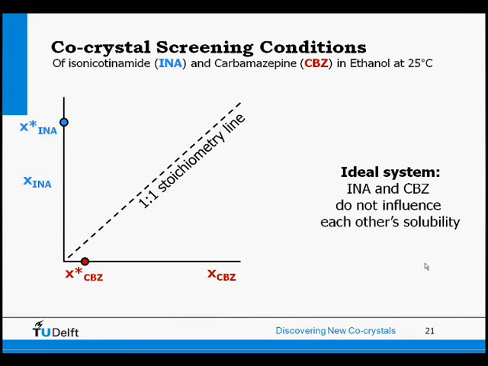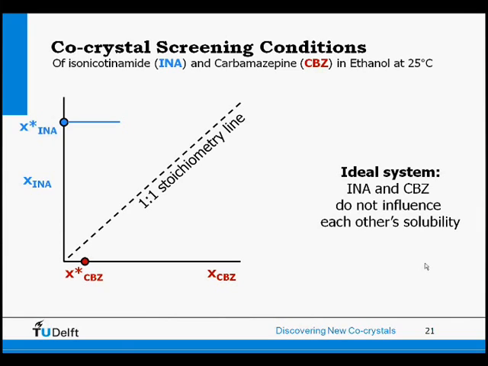So now we can assume that we have an ideal system, and that means that isonicotinamide and carbamazepine do not influence each other's solubility. So that means that we can draw solubility lines in this diagram. One is a horizontal line for isonicotinamide solubility, so it will be constant even though we add carbamazepine to the solution.